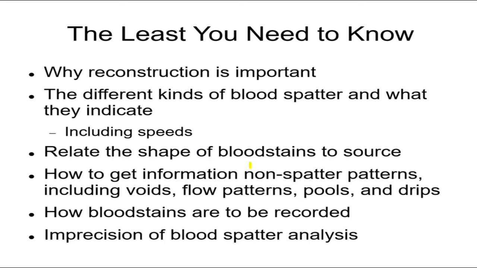How to relate blood stains to the source of them using the string method, and sometimes voids tell a picture, flow patterns, how the drip patterns as the person walks or as the person's carried, how to record them as evidence, and recognize blood spatter analysis is not precise.